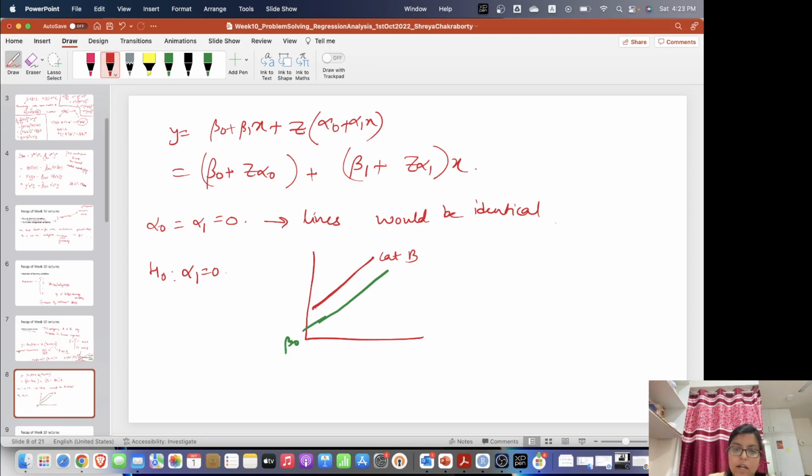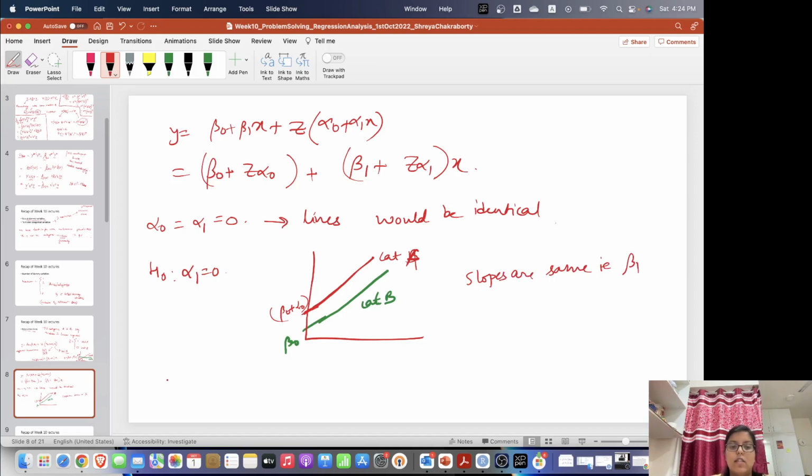So this is category B, in green, and this is category A. For category A, we have something different, beta naught plus alpha naught, but the slopes are the same. That is beta 1 for the two lines.